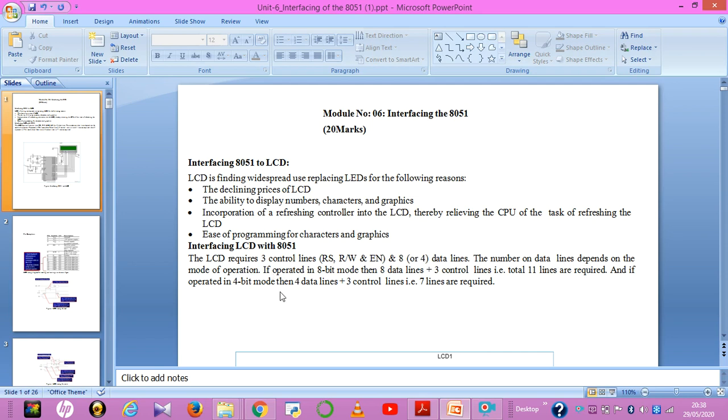You can select 8-bit mode, then 8 data lines plus 3 control lines, total 11 lines are required. If you operate in 4-bit mode, then you need 4 data lines plus 3 control lines, total 7 lines are required.